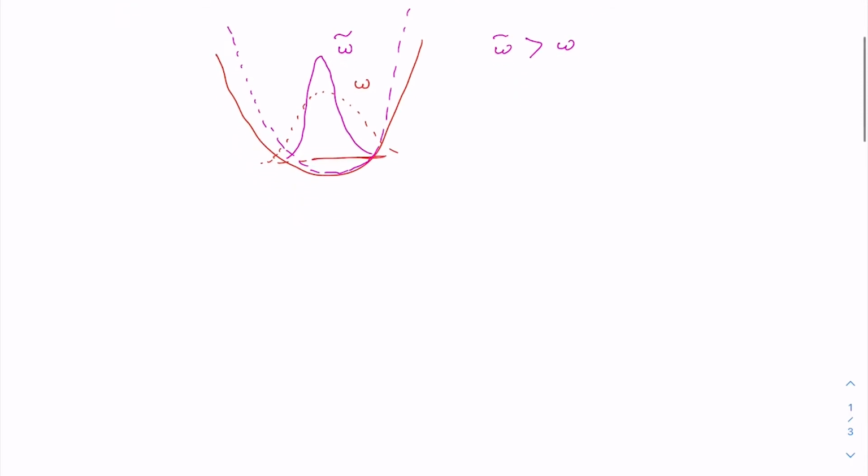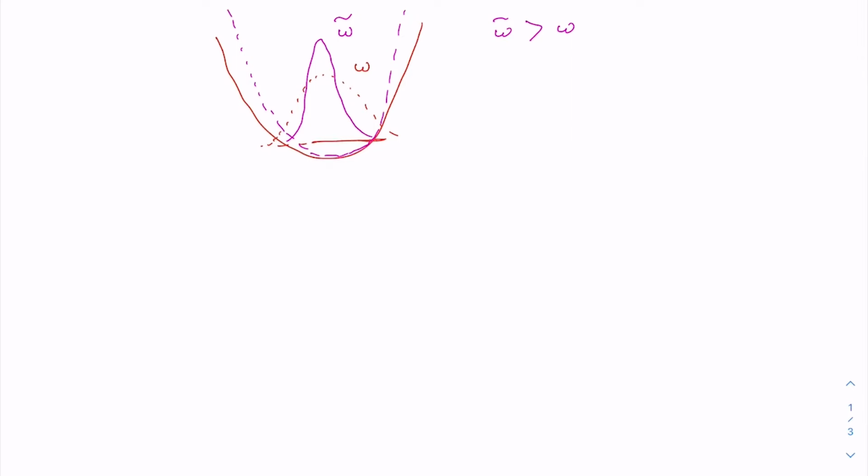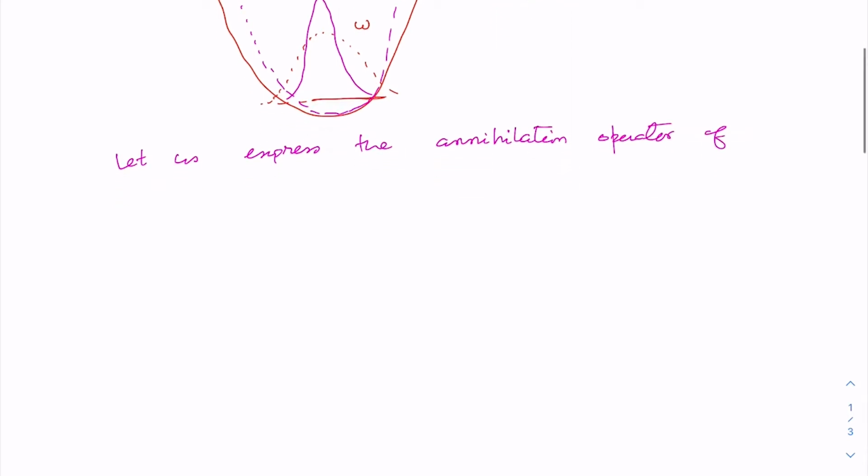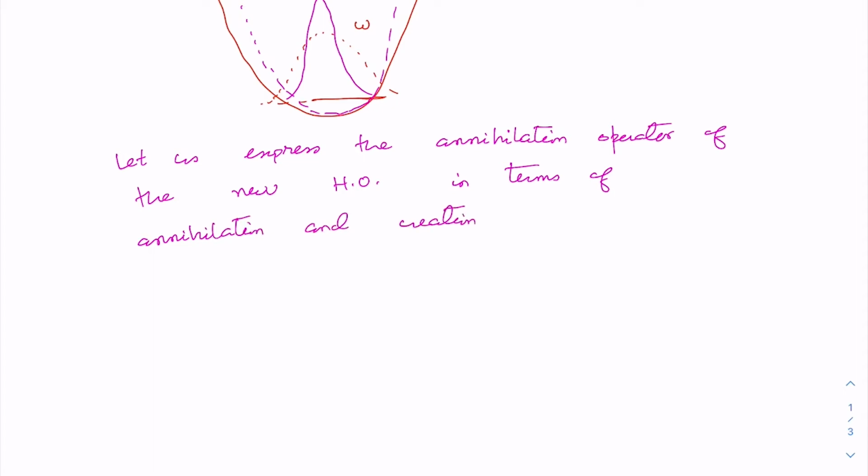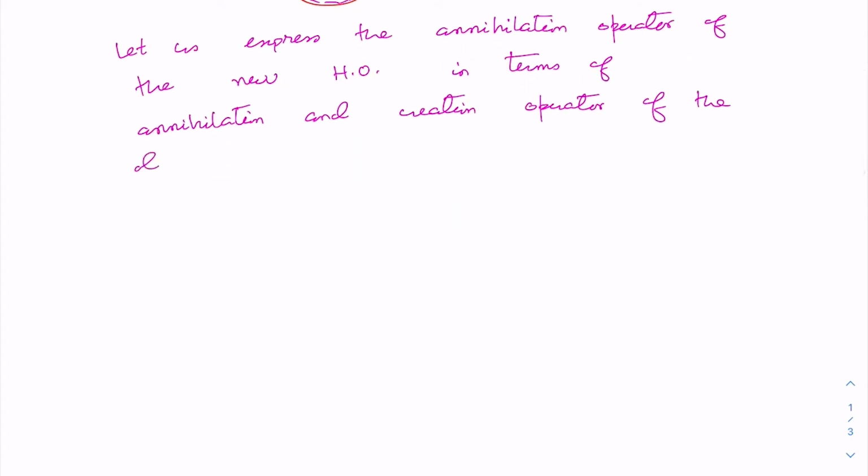Let us now do one thing. Let us express the annihilation operator of the new harmonic oscillator in terms of annihilation and creation operator of the old harmonic oscillator.